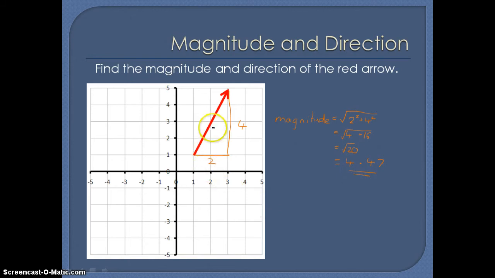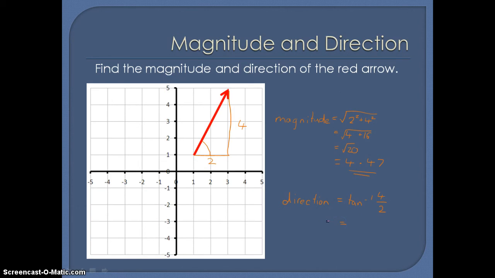If we consider working out the direction as well, we need to work out an angle. So let's say we'll calculate the angle in here. We can calculate the angle by doing tan to the minus 1 of the opposite, in this case 4, over adjacent, which would be 2.